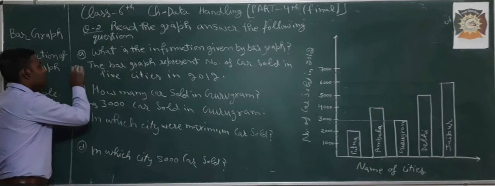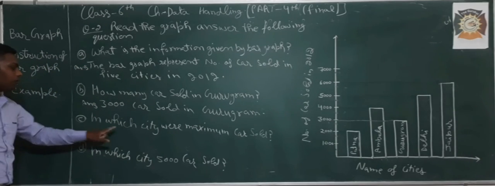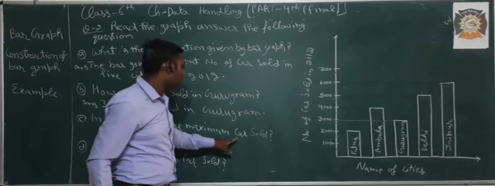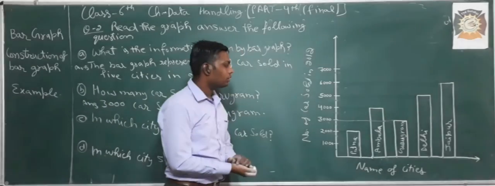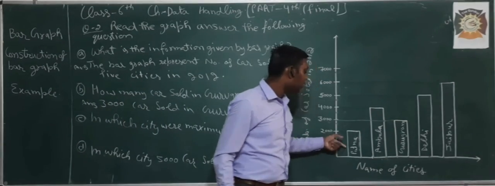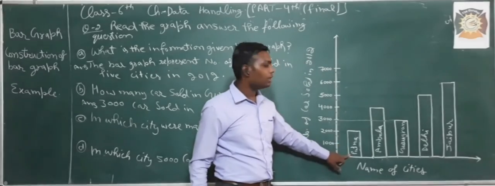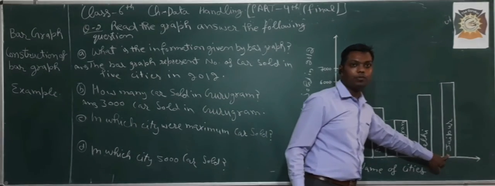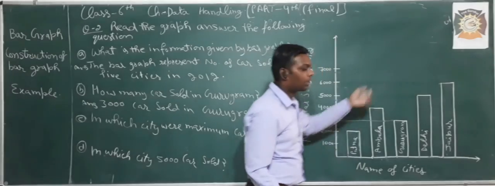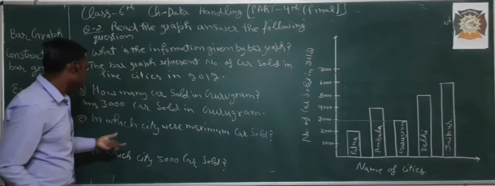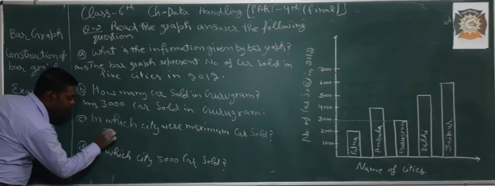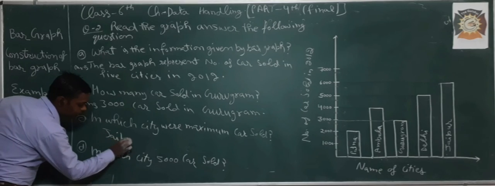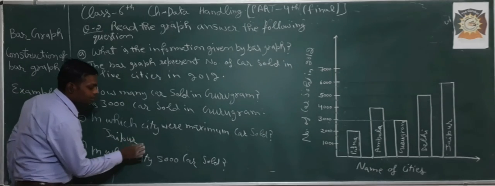Now, next question is: in which city were maximum cars sold? Now you have to see the graph. Which city has the maximum length bar? That is Jaipur. Jaipur has the maximum bar. So Jaipur is the city.